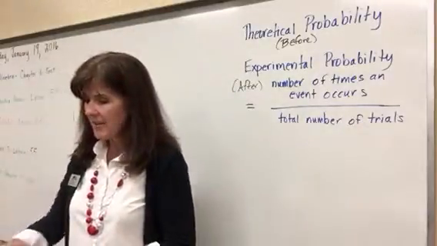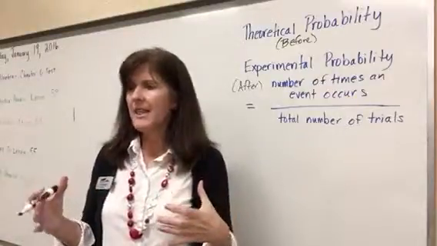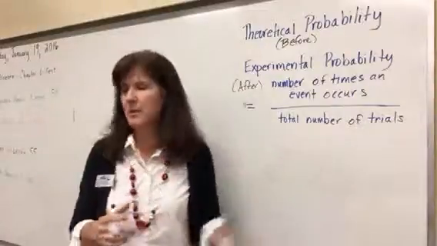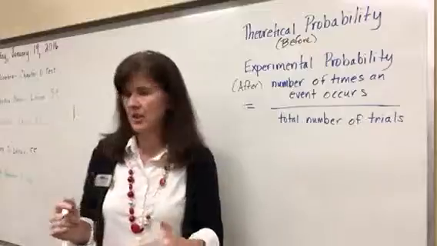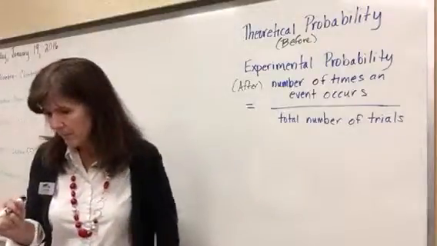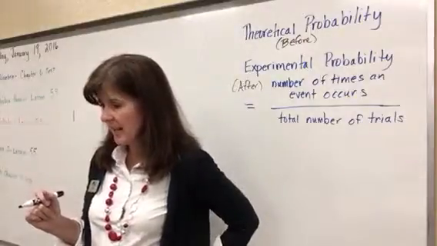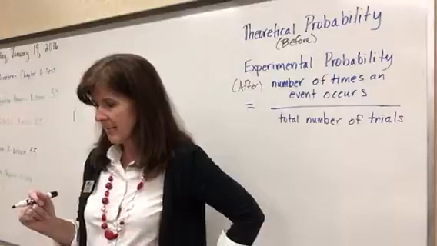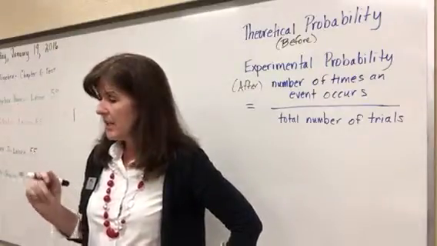Now, sometimes you have an experiment or you want to know something that is really impractical to do an experiment on. And so you'll want to do what we call a simulation. For example, if you look at example 3, the commuter plane flight arrives on schedule 2/3 of the time on any given weekday. Heather wants to know what the probability is that it will arrive on schedule on a Tuesday, Wednesday, and Thursday in the same week.